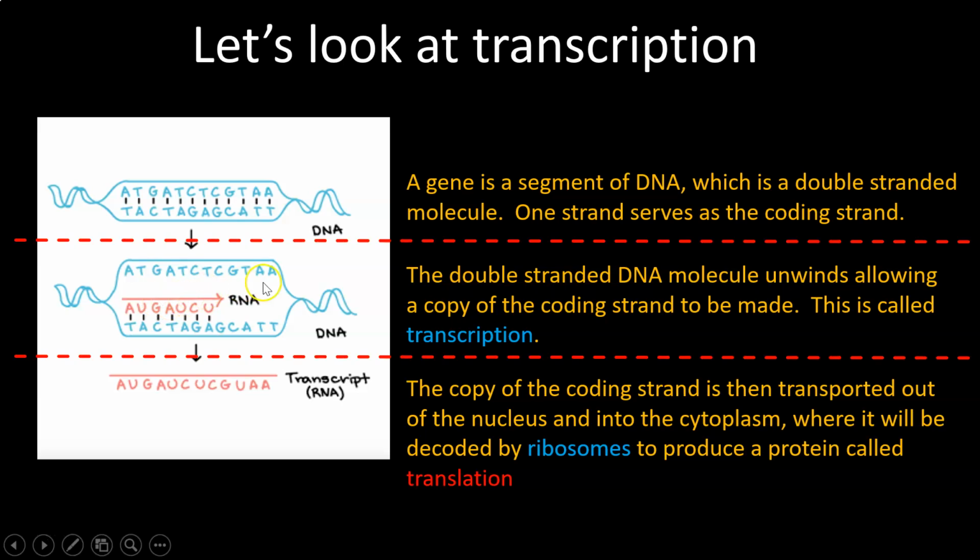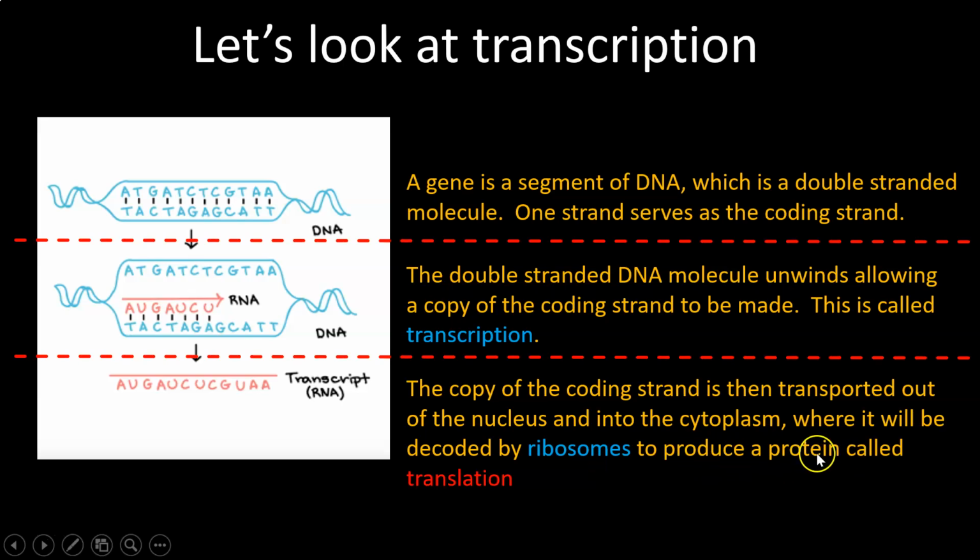Of course, remember it's a code. It's not that just anything can decode this. What decodes this is another organelle called a ribosome. So that transcript, the RNA transcript, is decoded by ribosomes to produce a protein.